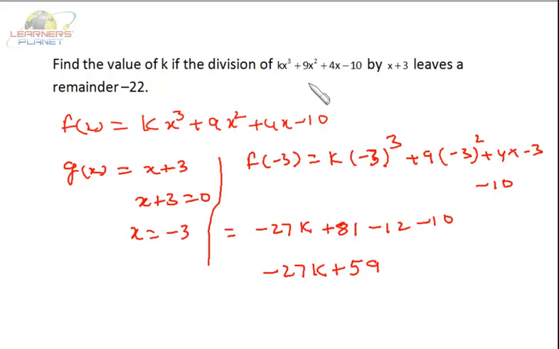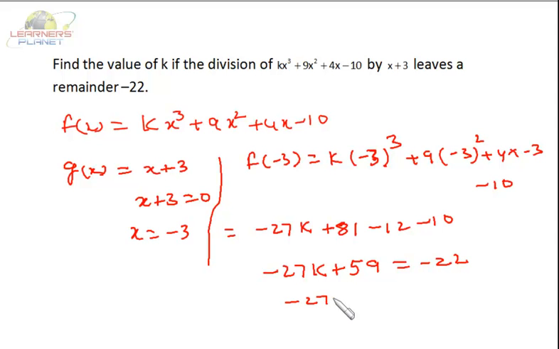But in the question, it says that the remainder is minus 22. That means this remainder is nothing but minus 22. Okay, so we can equate both of them since both of them are same. So minus 27k plus 59 should be minus 22.